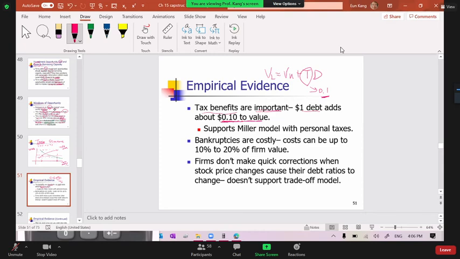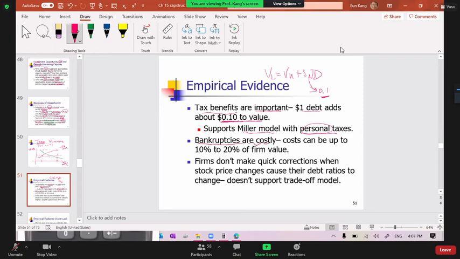So $0.1 of value. So it supports the Miller model with personal taxes. You have to use this square bracket. The square bracket is 0.1.